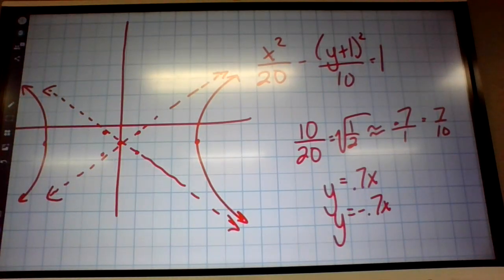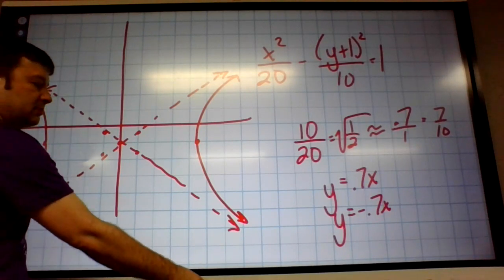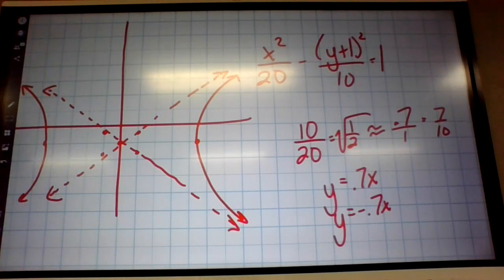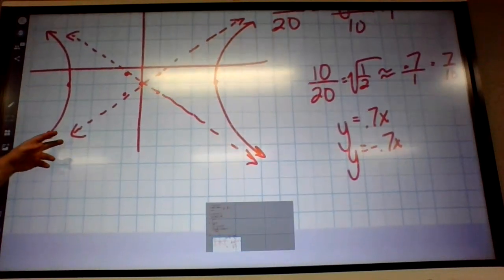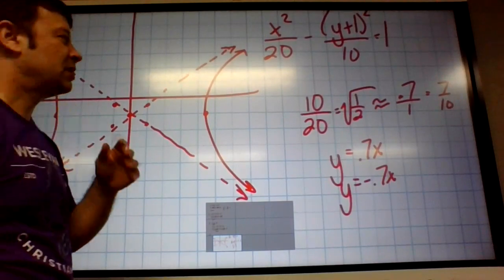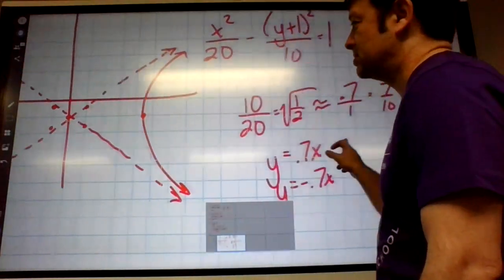Kind of like that. So the test question will probably be from the book, so the square root will actually come out nice, probably. Like 2 over 1 or 3/4 or something that works. So it'll be easier to do the slopes on those.